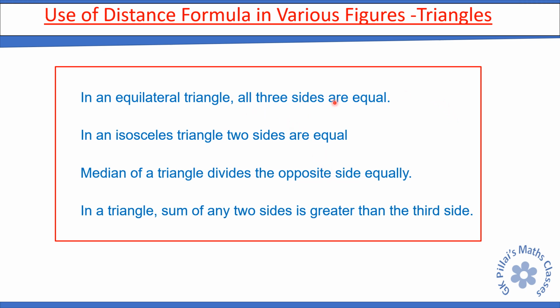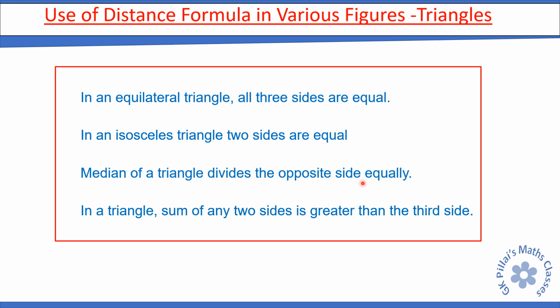If all the three sides of the triangle are equal, then you will say it's an equilateral triangle. When you find all the three sides, if two sides are equal and the third is not equal, then the triangle will be isosceles.